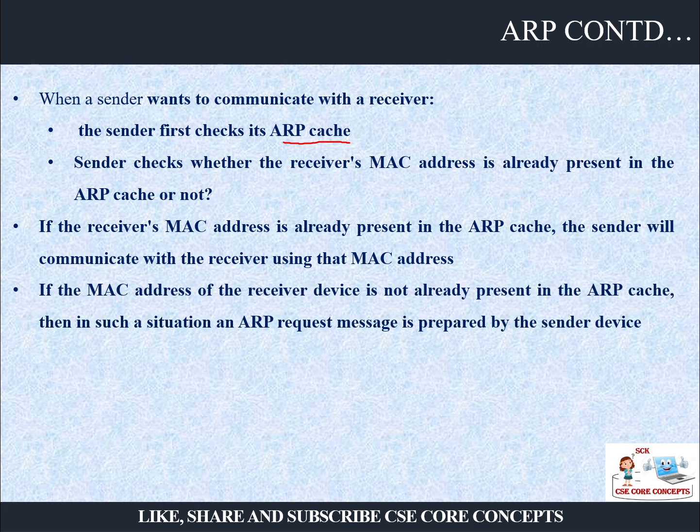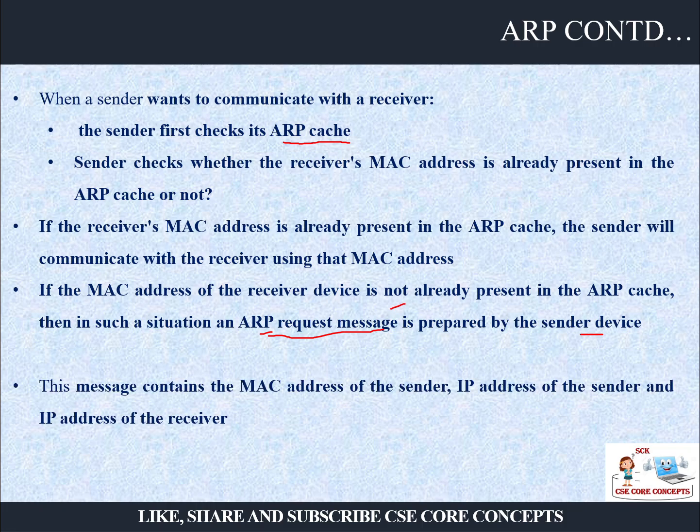But the problem is that if the receiver's MAC address is not present in the ARP cache, then ARP will have to find it out using the receiver's IP address. In that case, the sender device will prepare a proper message format called an ARP request message.